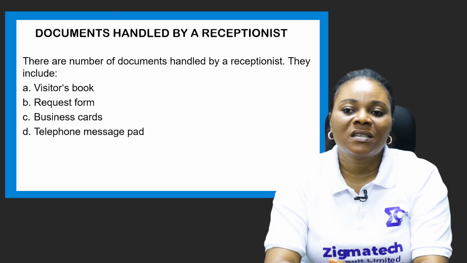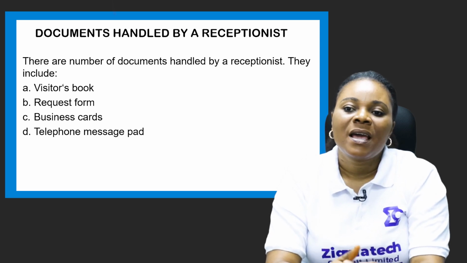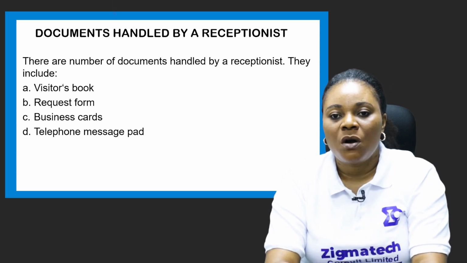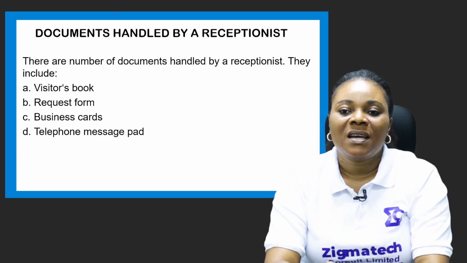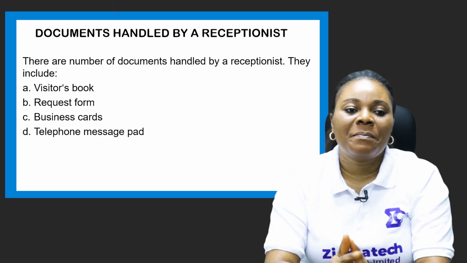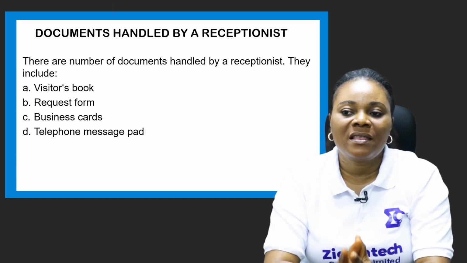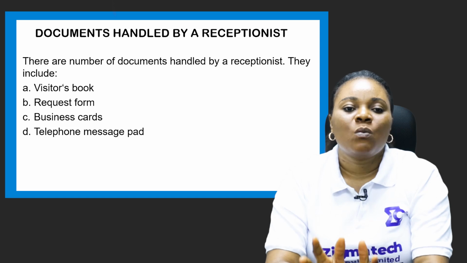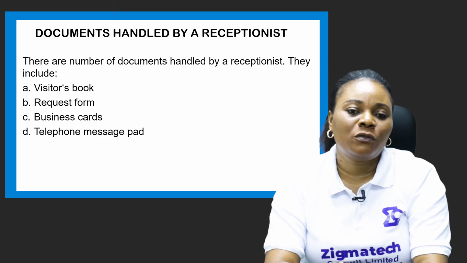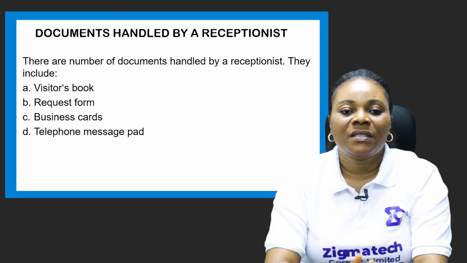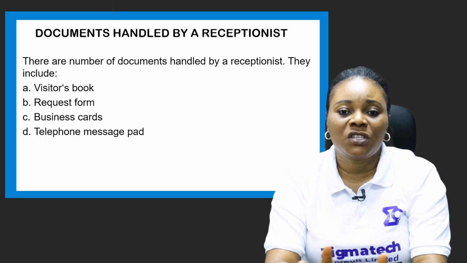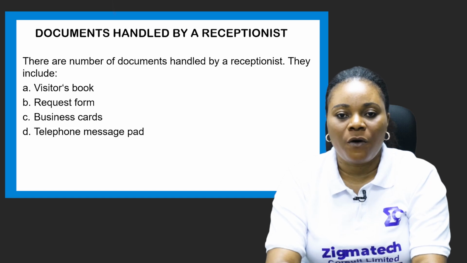While the receptionist is in the reception office carrying out his or her duties, we want to look at some documents that are meant to be handled by a receptionist in the reception office. We have 4 documents, so we're going to identify them, then we'll look at what each document is used for.